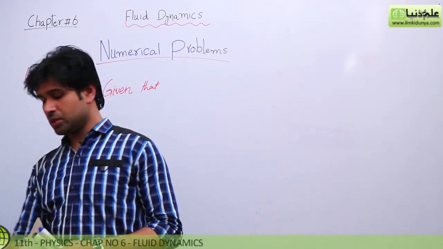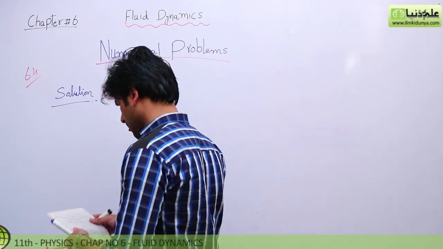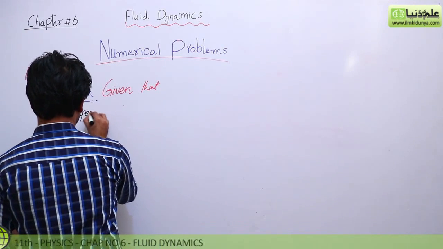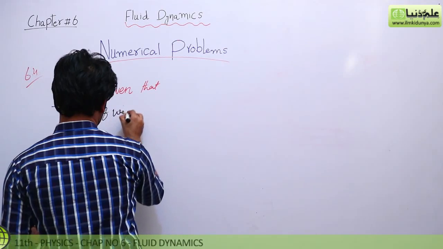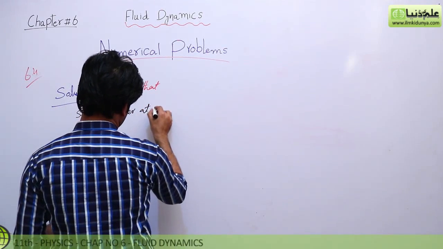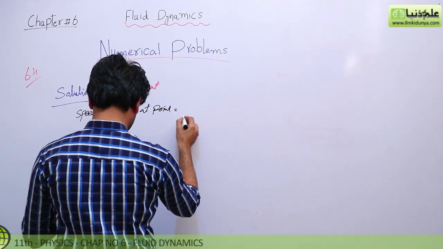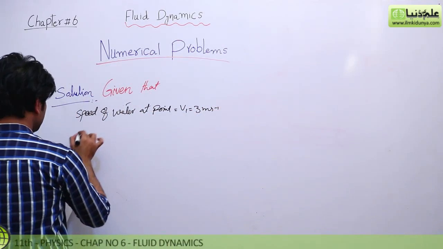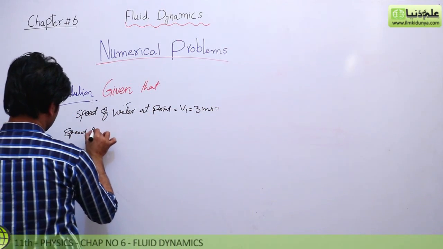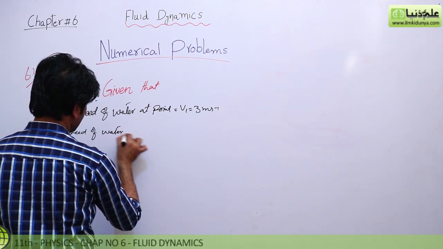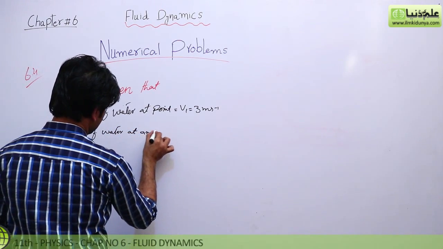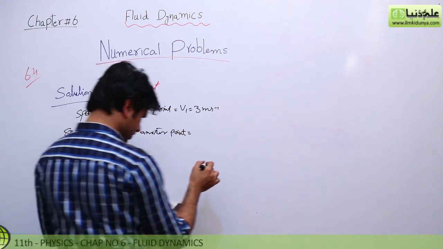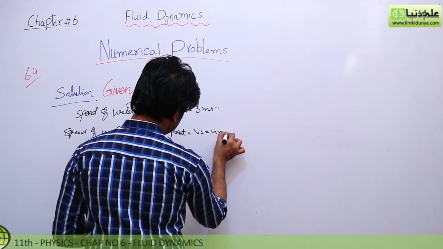The given data of this numerical problem is as follows. Speed of water at one point can be written as V1 equal 3 meter per second. Speed of water at another point can be written as V2 equal 4 meter per second.